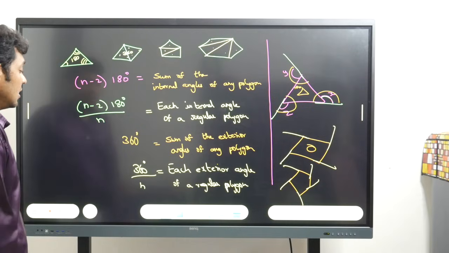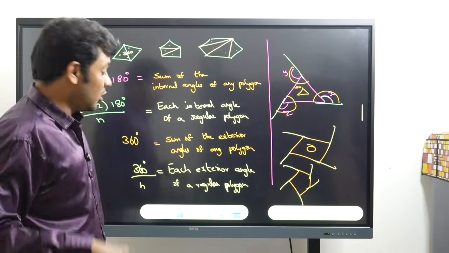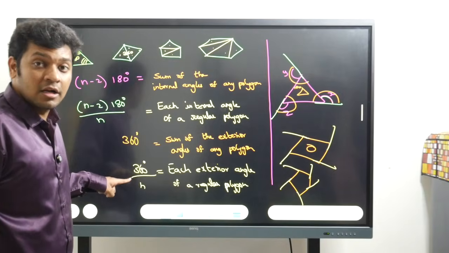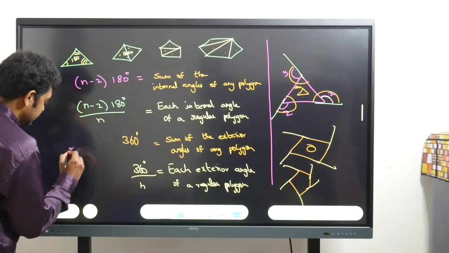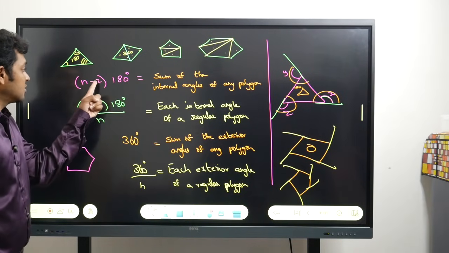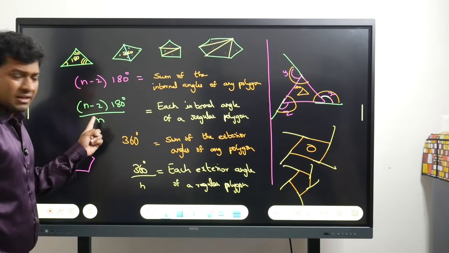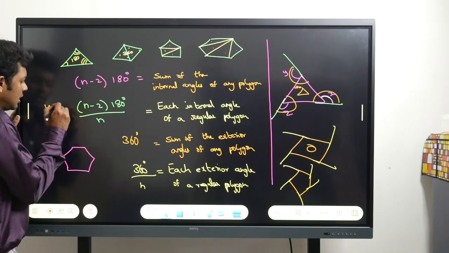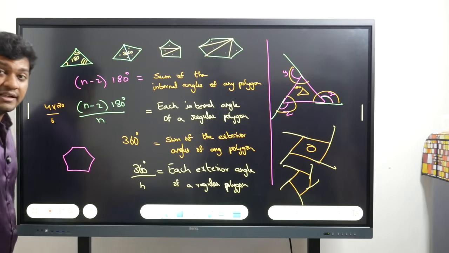That's it. Okay. So if I have to find the interior angle of a regular polygon, you can also use this exterior angle concept. For example, if I ask you to find the interior angle of a regular hexagon, using this formula, 6 minus 2, 4 times 180 divided by 6, which is nothing but 120 degrees, right?